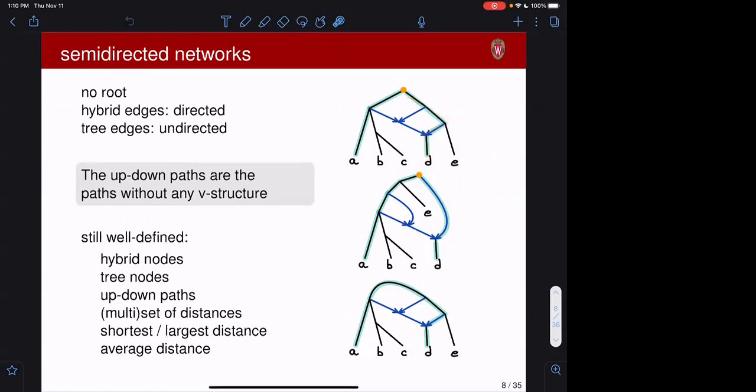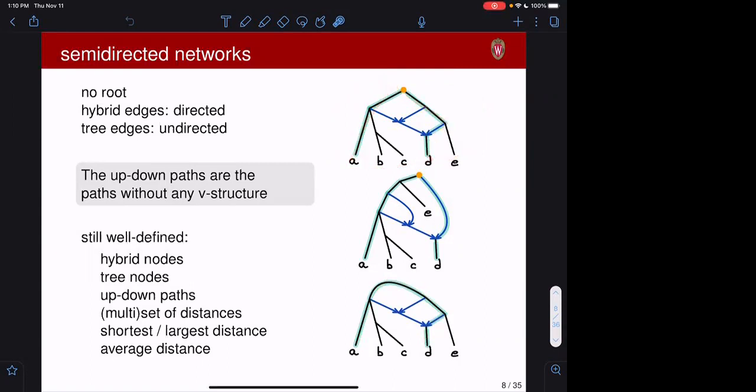These up-down paths are exactly the paths here in the semi-directed network that don't have any V structure. And a V structure would be I go down and then up, like a V, through directed edges. So obviously a path here that's up-down doesn't have any V structure, but conversely, any path here that doesn't have any V structure does correspond to an up-down path here.